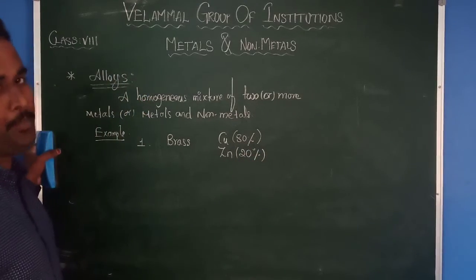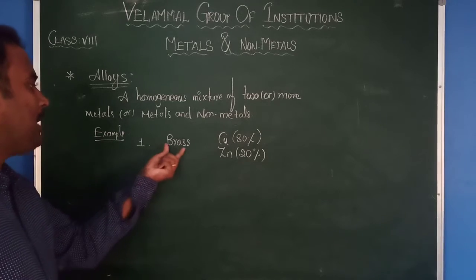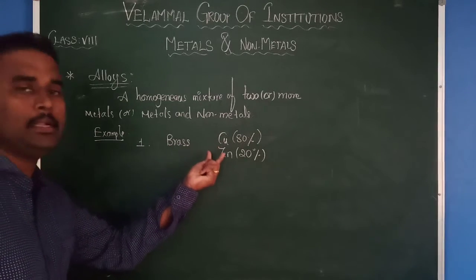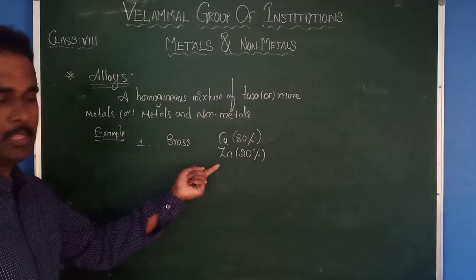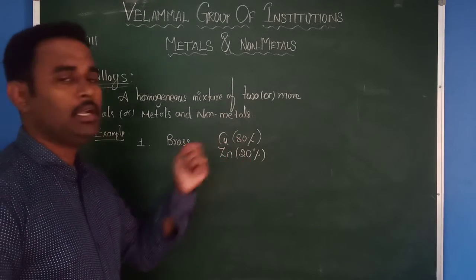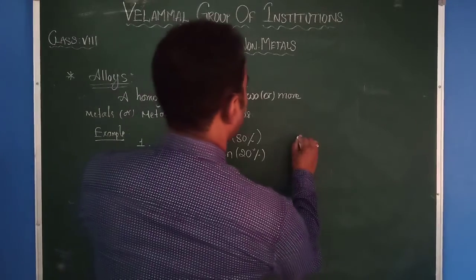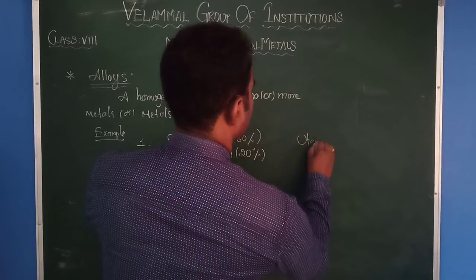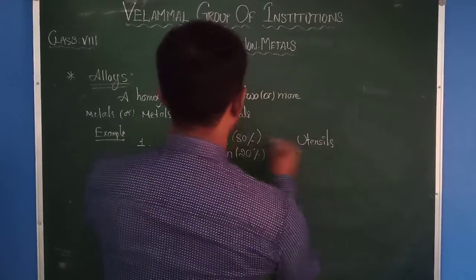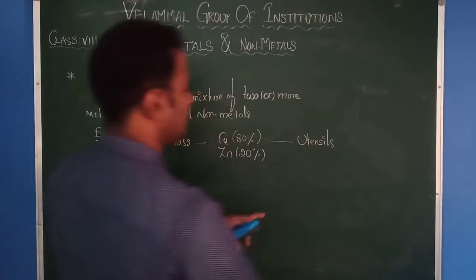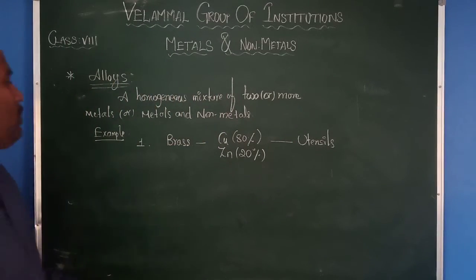These are approximate compositions. That means when you check brass, it contains two metals, copper and zinc, in the percentage of 80 and 20. Where do we use this brass? Mainly for utensils. Let us see one more example.